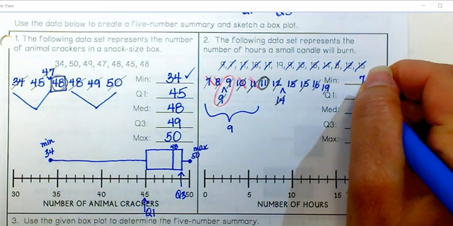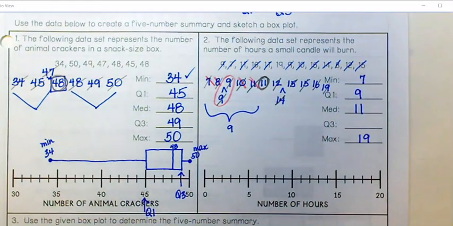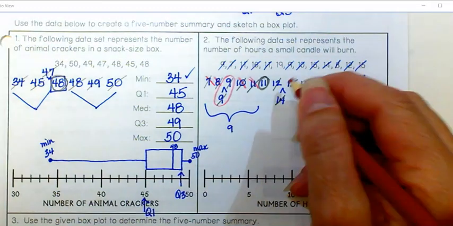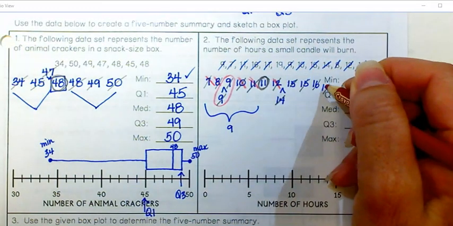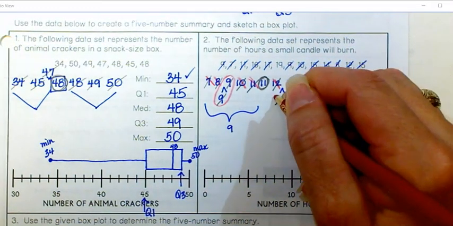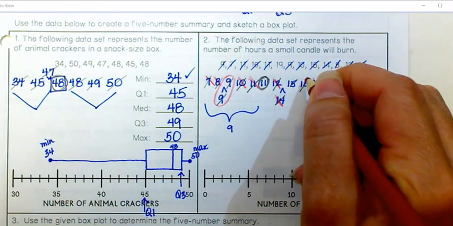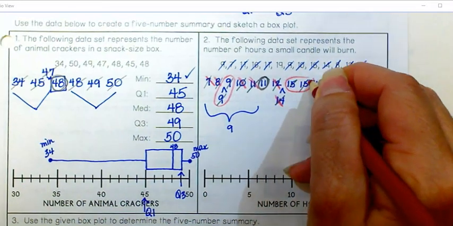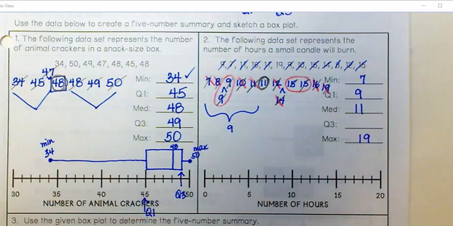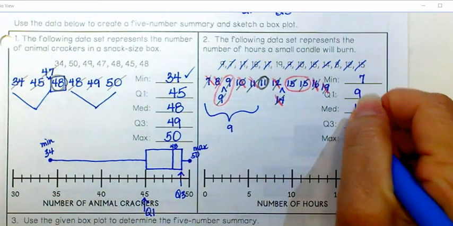So that is quartile 1. I'm going to do the same thing for over here, smallest, biggest, next smallest, next biggest. I have 2 numbers in the middle, but they're both 15, so that makes it pretty easy. 15.